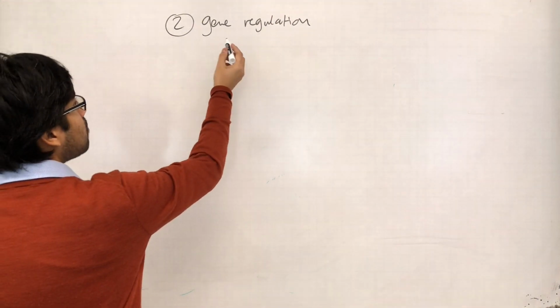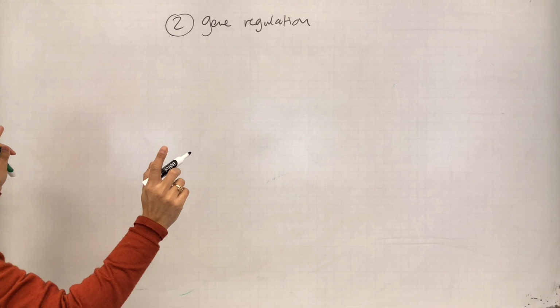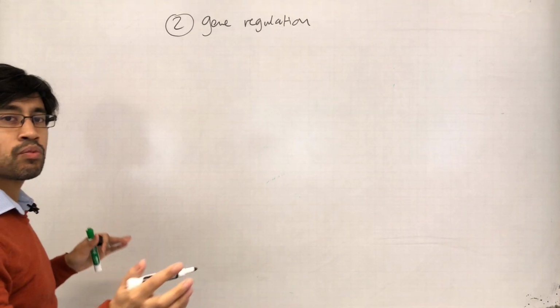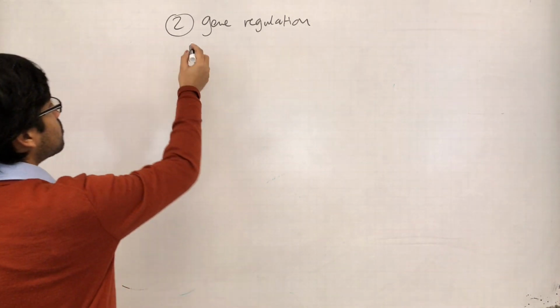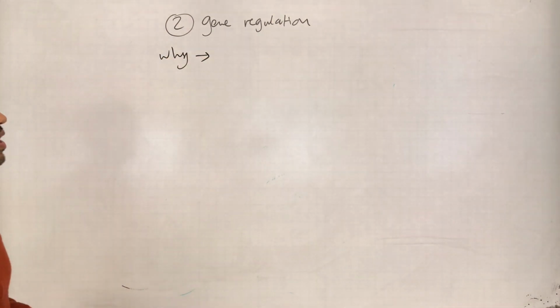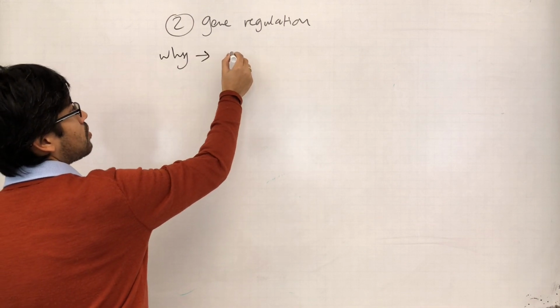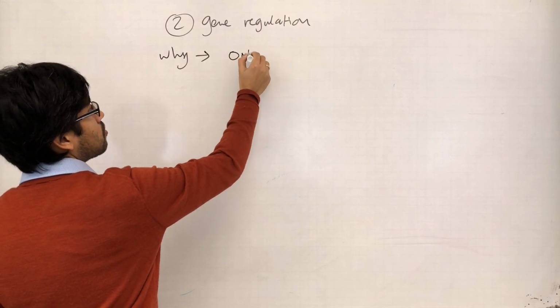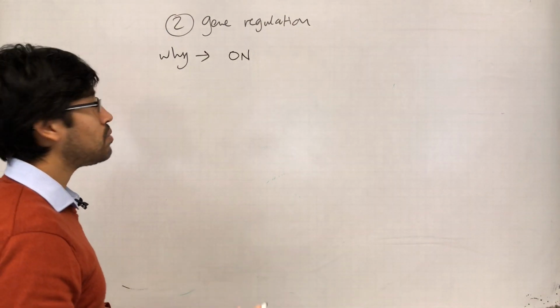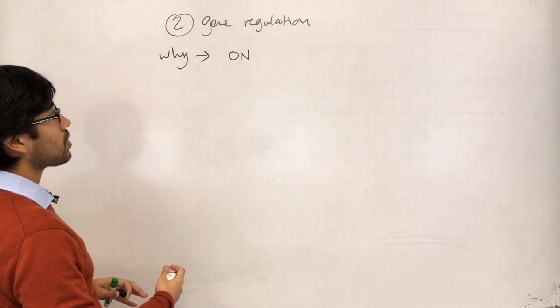In my view, let's first talk about why we need gene regulation. Why is it even a thing? In many cases, you need genes to be expressed, so you want the protein to be made from the genetic information in the nucleus.